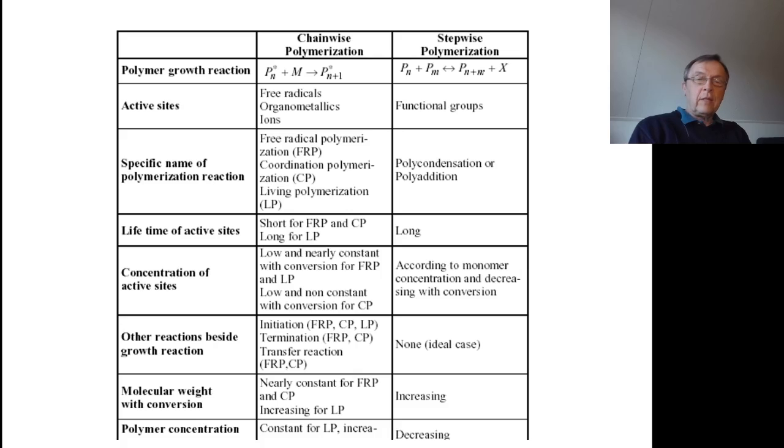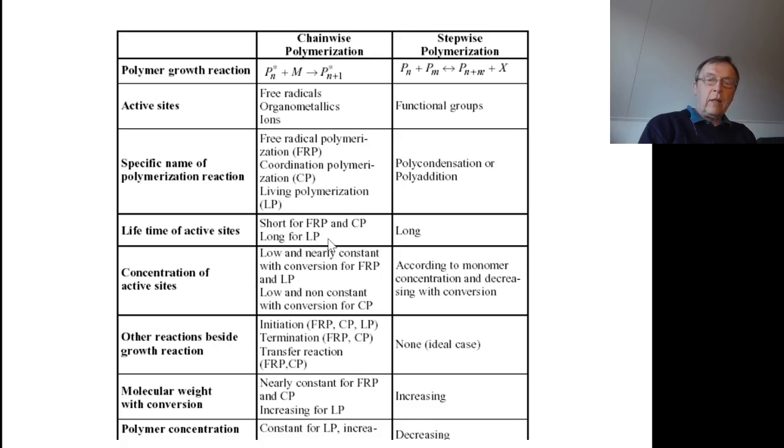And for that reason, we see quite a difference in the concentration of the active sites in these two different groups of polymerization reactions. While the active sites in the chain-wise polymerization are short-lived, their concentration is also rather low.